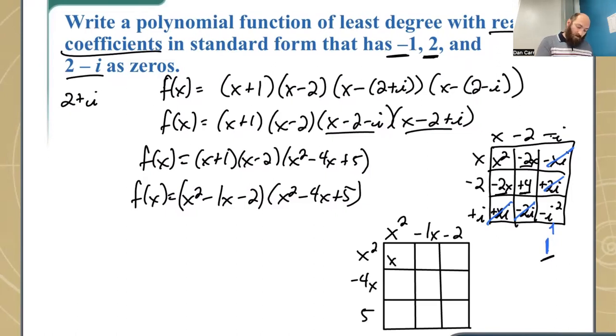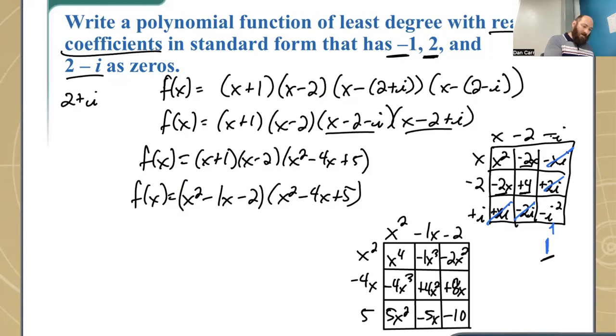So x squared times x squared is x to the 4th, negative 1x to the 3rd, negative 2x squared. Then x squared times negative 4x is a negative 4x to the 3rd, positive 4x squared, then positive 8x. Down here, I'm going to have 5x squared, negative 5x, and then a negative 10.